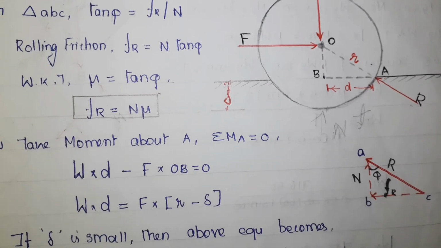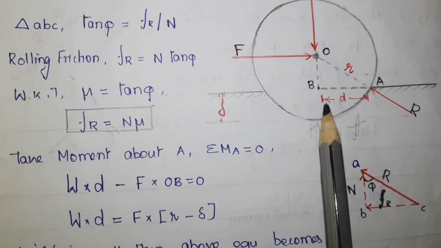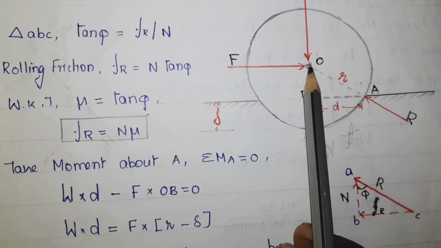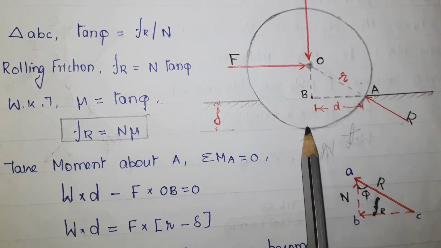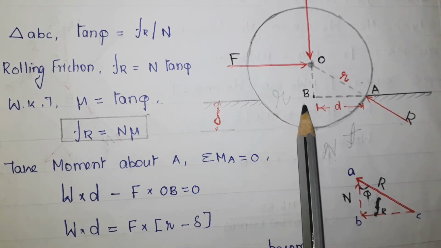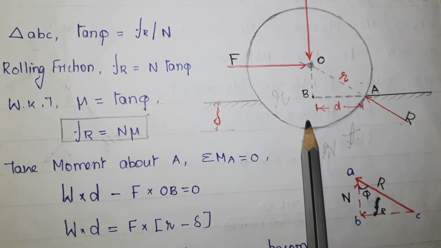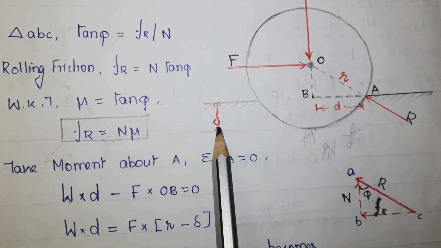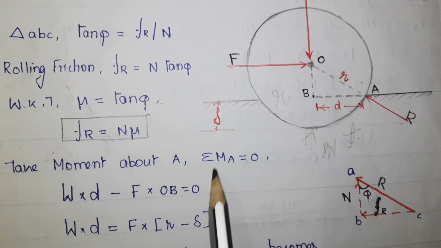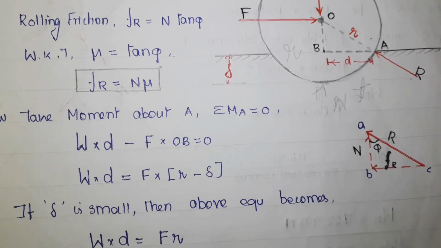Now in the place of OB, you see here the radius of the wheel is R, so the distance between this O and this point is R. But we know that the distance between B and this end is del, so this distance is now R minus del, so that's what is written here.